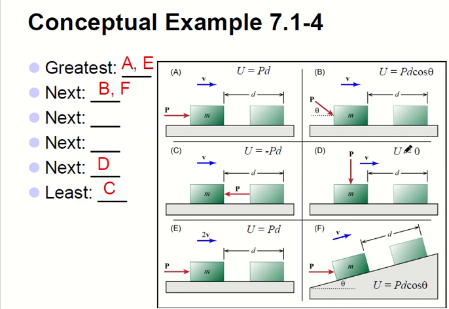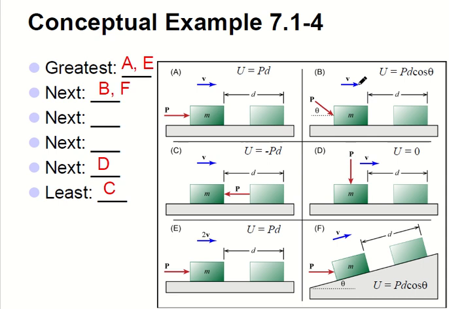It is indicated by that. So no work is a little better than negative work. This means you're working in the opposite direction, so it's not moving. Therefore D is there.